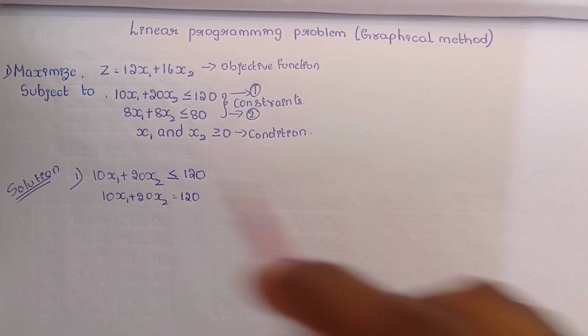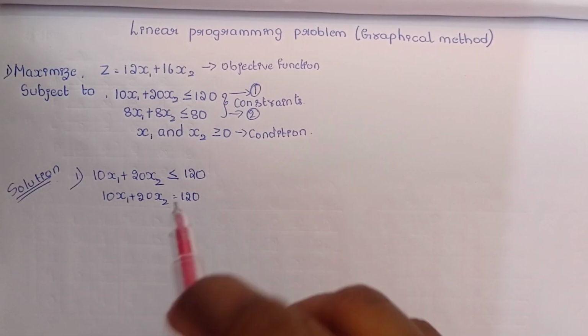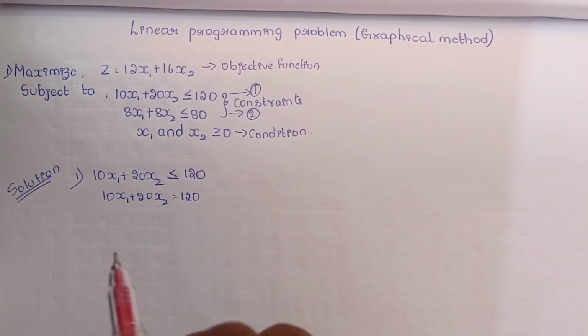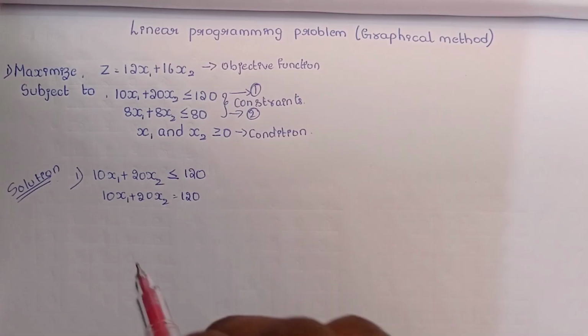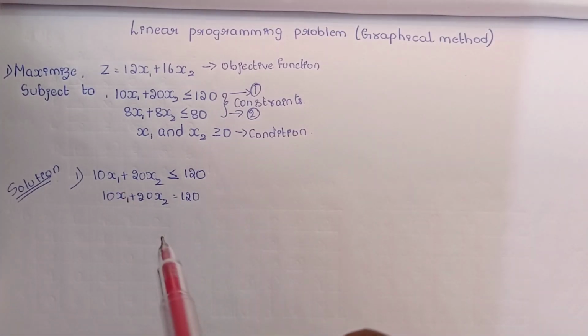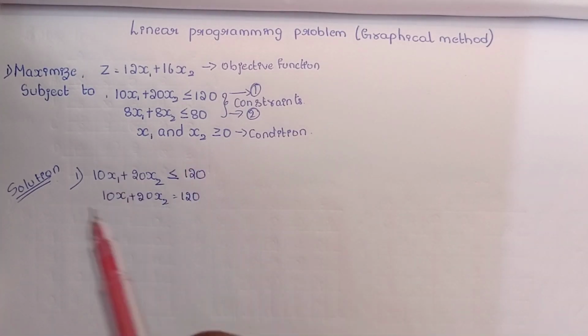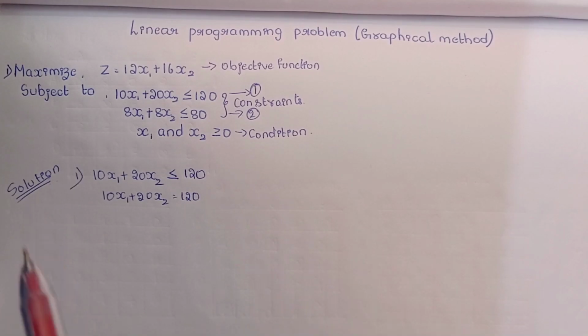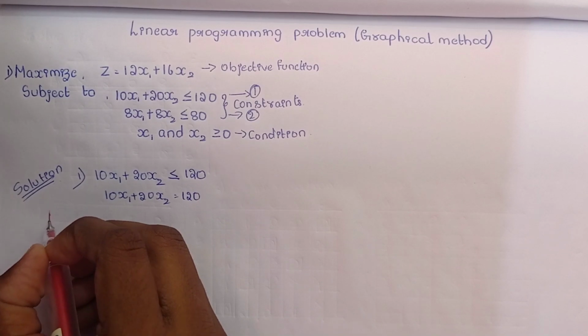value. Now, I don't know the x1 and x2 values to compute this equation. So what I will do is, first, I will consider x1 as 0 and I will identify the x2 value. After identifying the x2 value, I will consider x2 as 0 and I will identify the x1 value. So, let me show it.